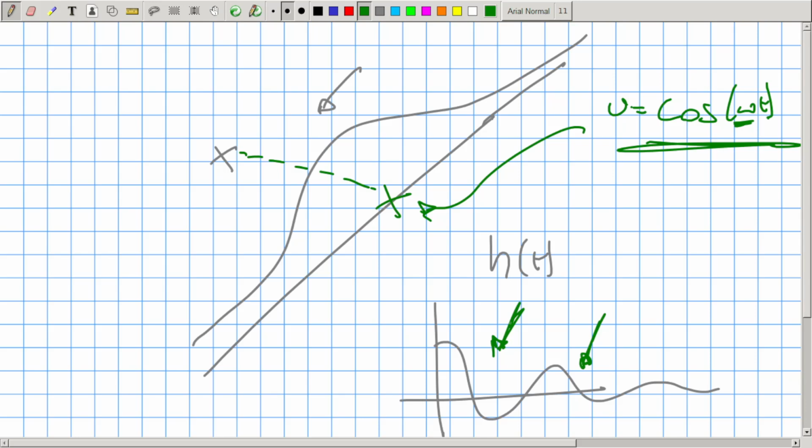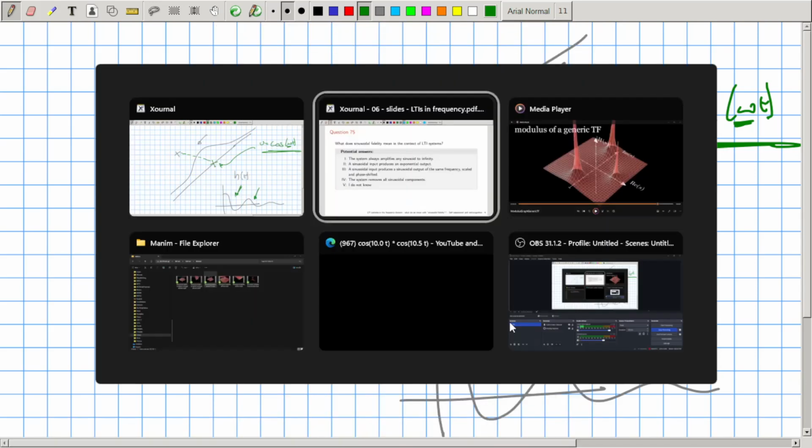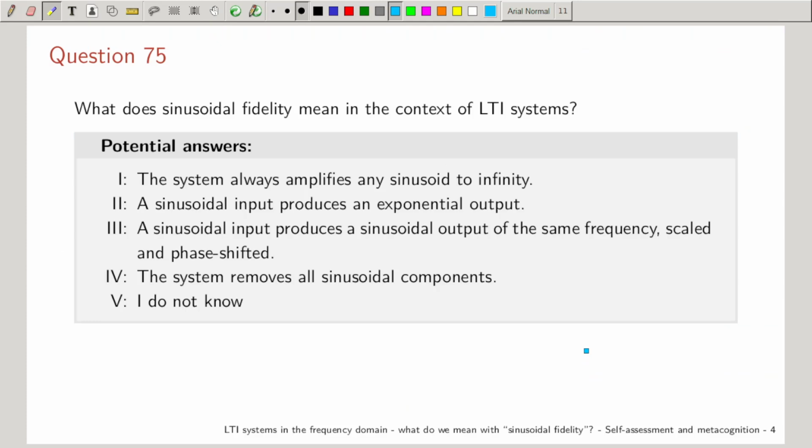How much will you do that? 1, 2, 3. Let's do this one, then we close it.